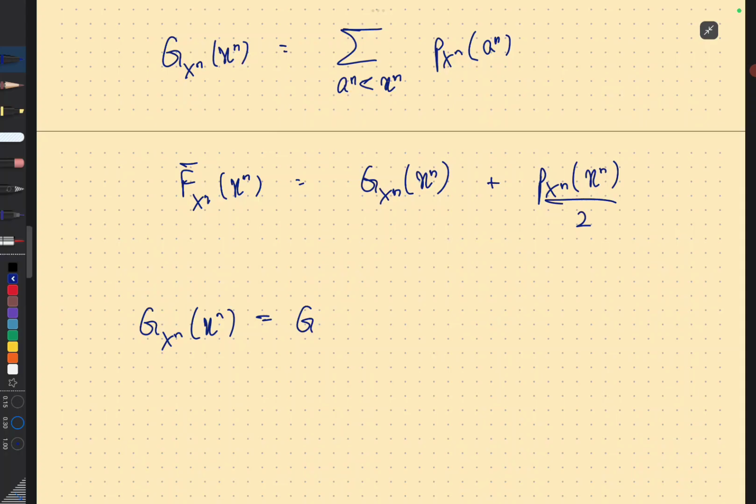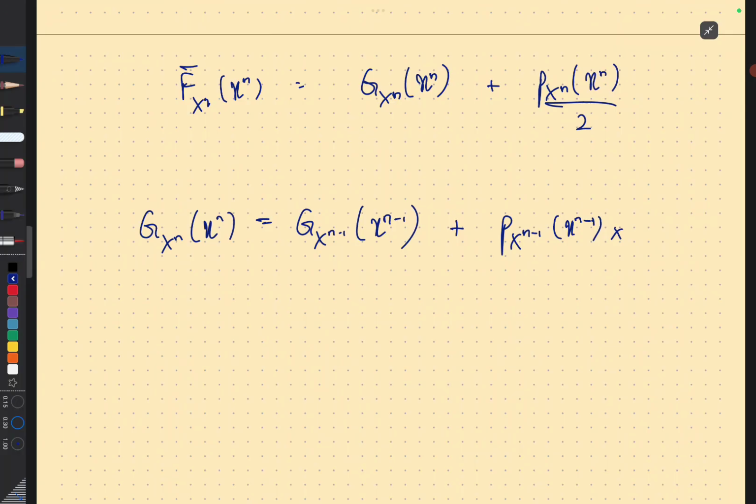So this is equal to g of x^{n-1} plus p of x^{n-1} times the summation over a less than x_n of p of x_n given x^{n-1}, evaluated at a given x^{n-1}.